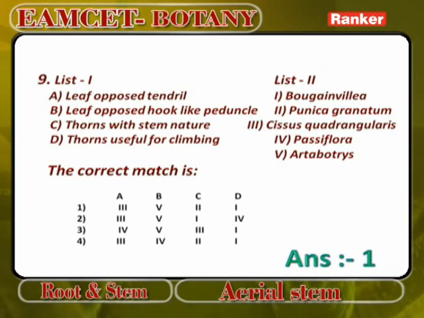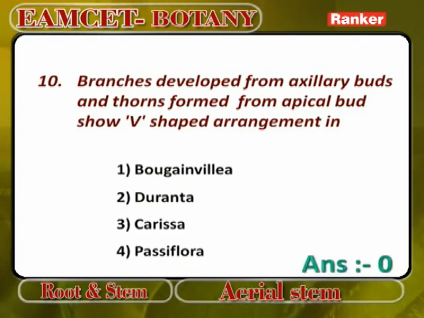Leaf opposite hook with peduncle is Artabotrys. Then thorns with stem nature is the second one, and thorns useful for climbing is the first one, that is D is 1, Bougainvillea. Next, branches developed from axillary bud and thorns formed from apical bud show appendages. Why? Because Carissa is the answer.